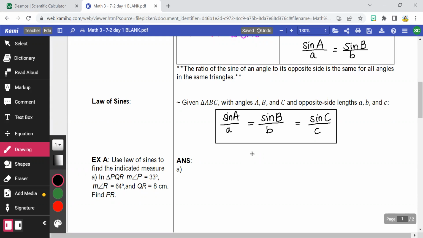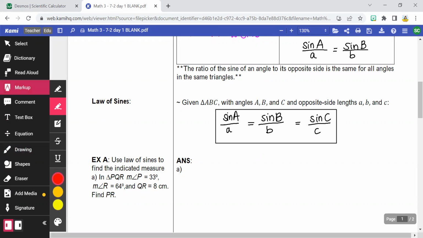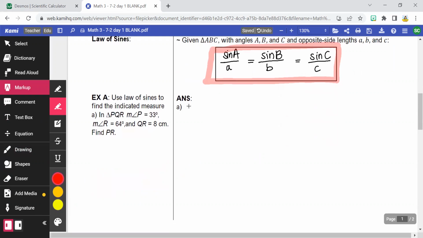So sine of A over A is equal to sine of B over B is equal to sine of C over C. This is how we will set up problems when I have something that is not a right triangle. These are essentially the formulas we're going to use for the entirety of these notes. We have non-right triangles, so we cannot just use SOHCAHTOA.